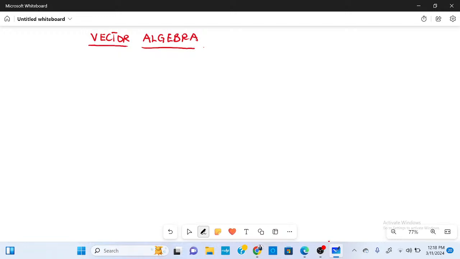So first of all, vector algebra. A vector is basically any quantity which has both magnitude and direction. So whenever you talk about a quantity being a vector quantity, we mean that particular quantity has a magnitude.